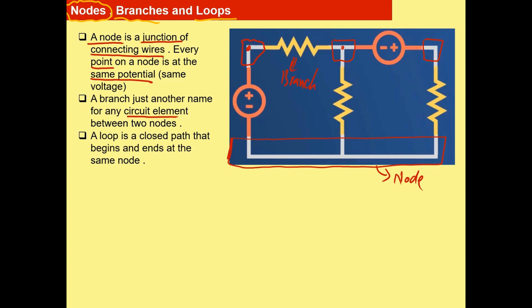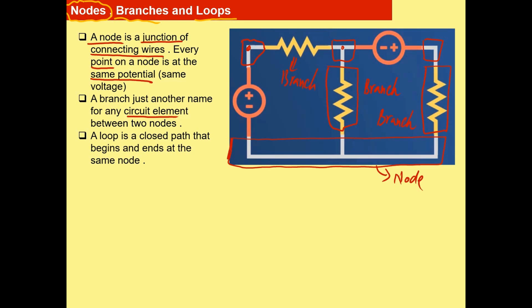You can also see here we have a node here and a node here, and between these two nodes another circuit element is attached, so this is also a branch. And on this side, there is one circuit element between these two nodes, so this is also an example of a branch.